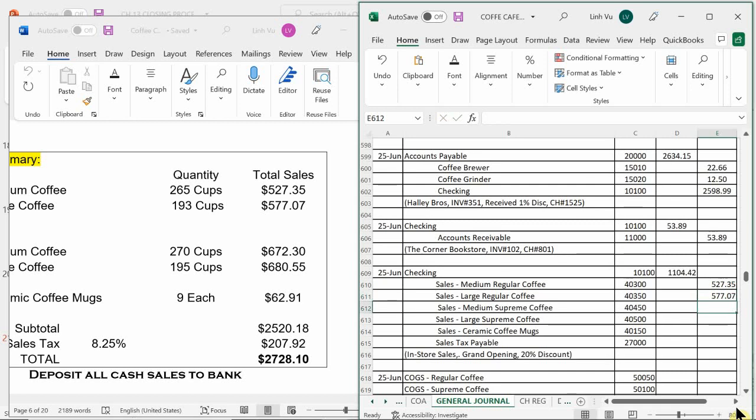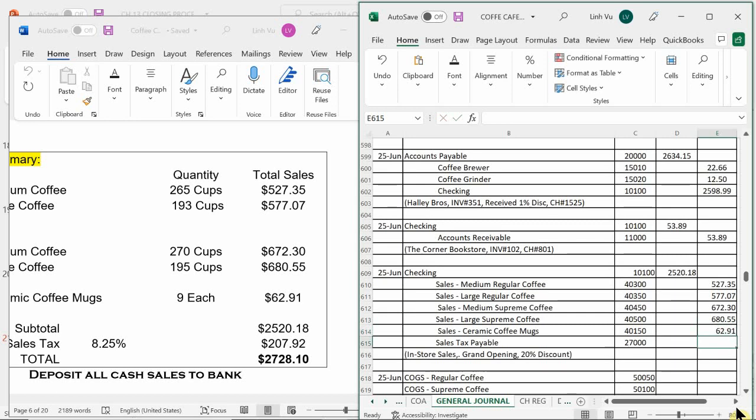We sold our medium supreme, 270 cups, for $672.30. We also sold our large supreme coffee cups, 195 of them, for $680.55. And we sold 9 of our ceramic coffee mugs for $62.91.